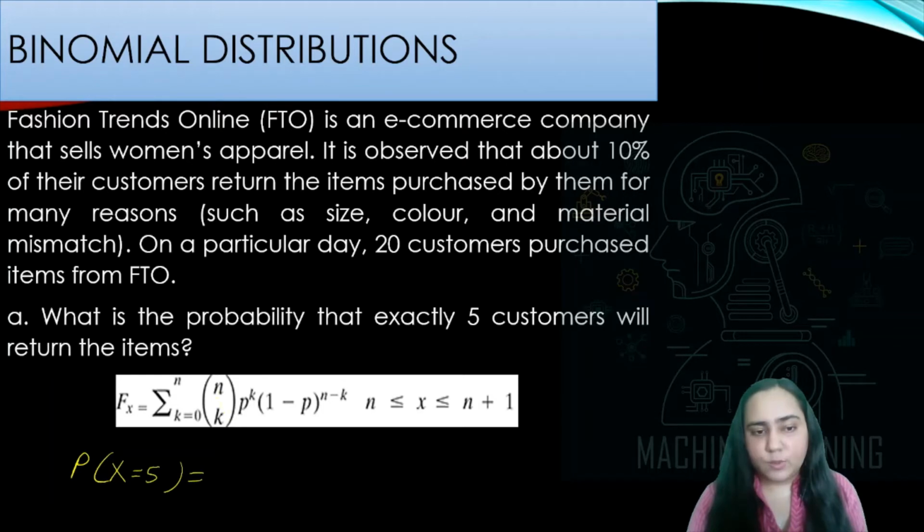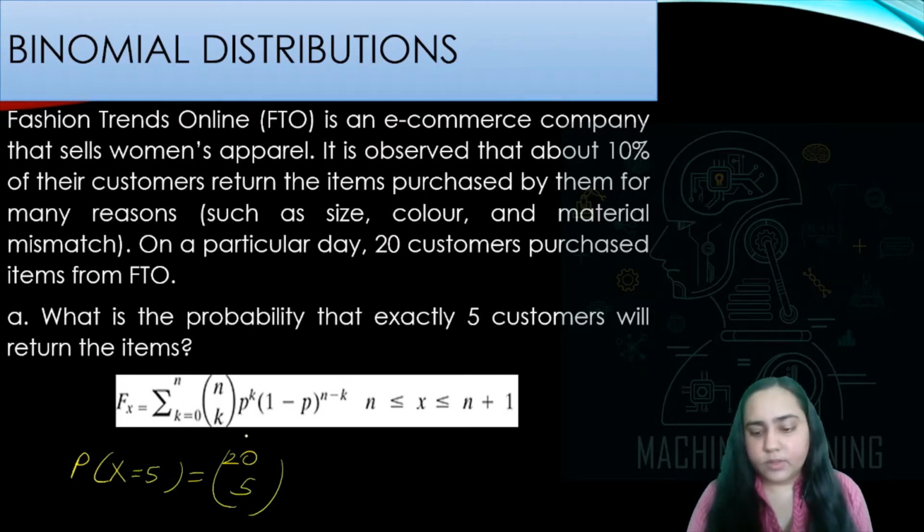And this would be equal to nCk. We will be ignoring the sigma part of this formula, because sigma is not required since it says exactly 5. So remove the sigma part, and we need to do nCk. n would be the total number of customers that have purchased, which is 20. k would be this value of X here. So that is 5.